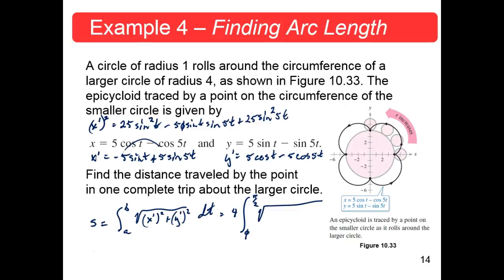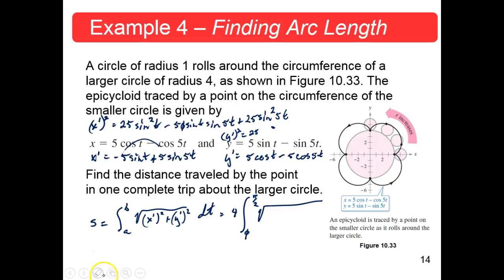Let's do the y prime squared. And what would that be? Pretty much the same thing. Okay, 25 cosine squared t. I keep my eyes going to the wrong place here.